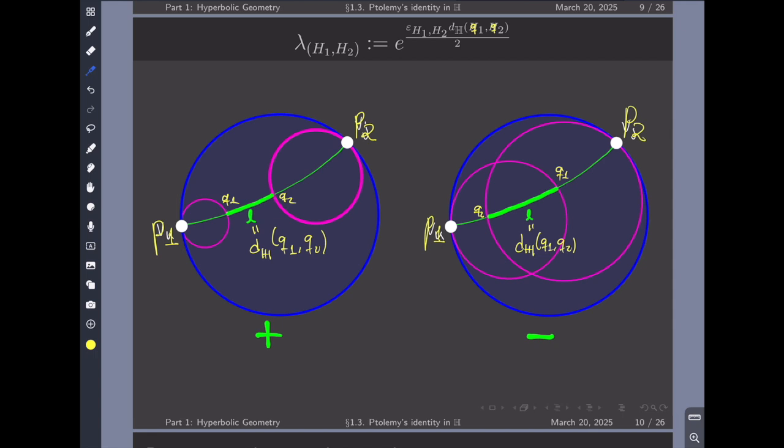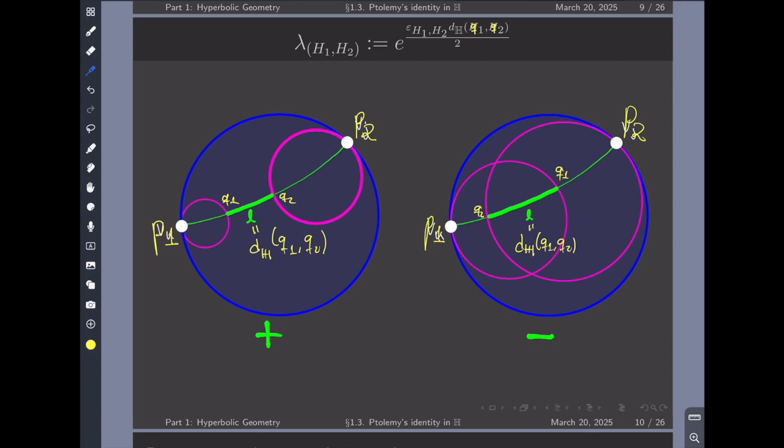If you think about the upper half plane and take one of the two horocycles to be a horocycle based at infinity, so it's a horizontal line, then any horocycle crossing it is tangent to R bar, and so the shortest curve has to go from a real number to infinity, so it has to be vertical.